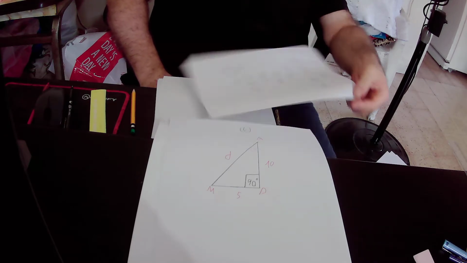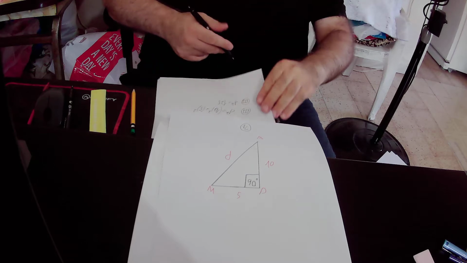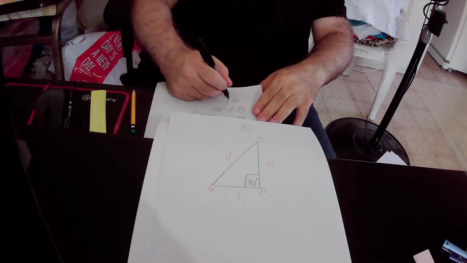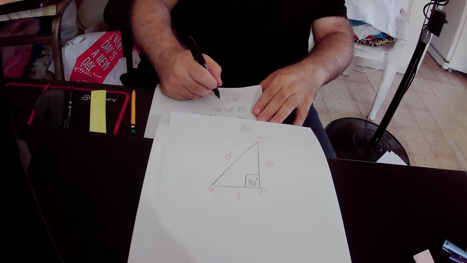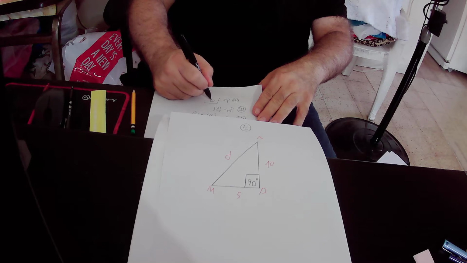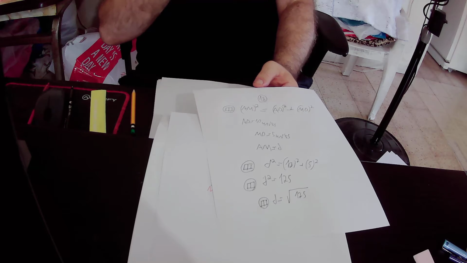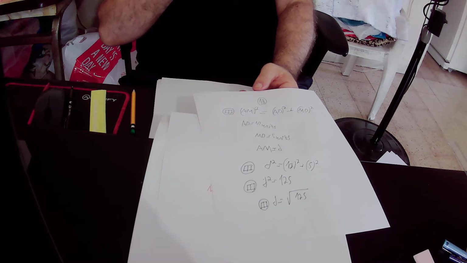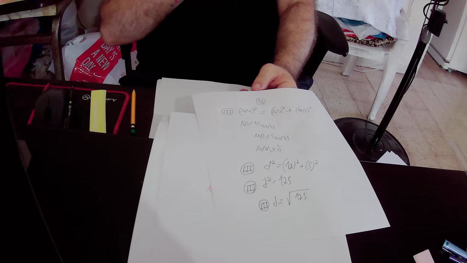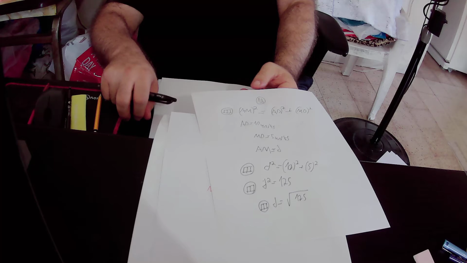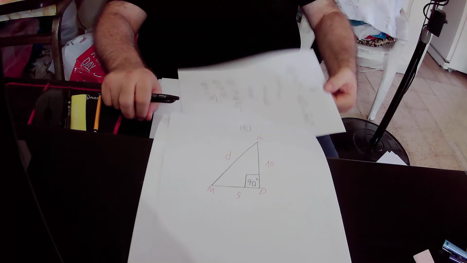We get that D equals the root of 125, since the root of D square is D, and 125 equals 25 times 5. So I write it down.